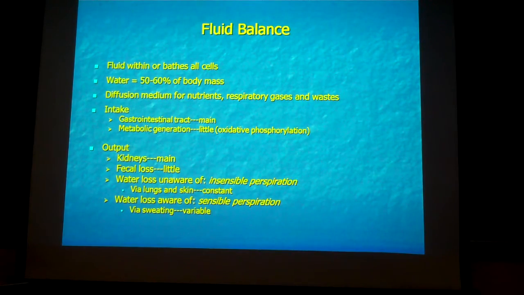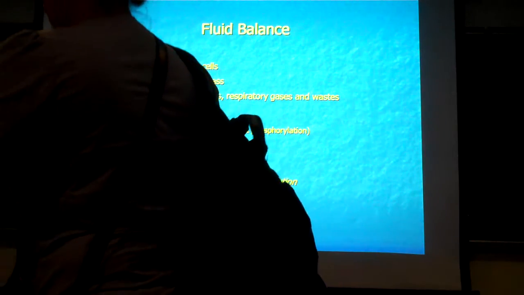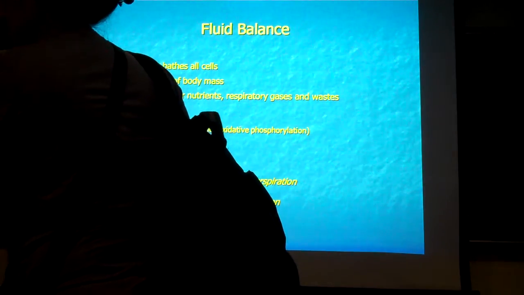The kidneys can't handle dry stuff, solid stuff. It's got to be in solution. And that's the main way that we lose fluid here. We lose a little bit in our feces.